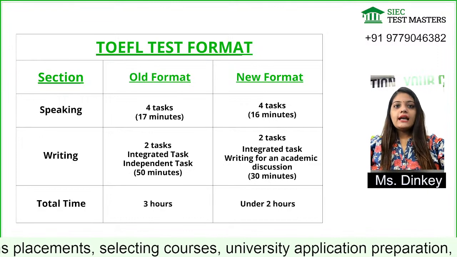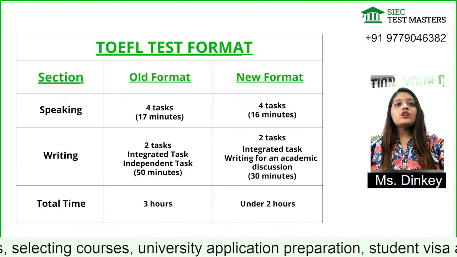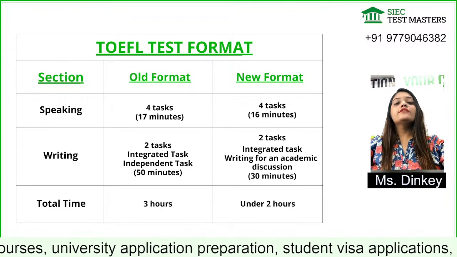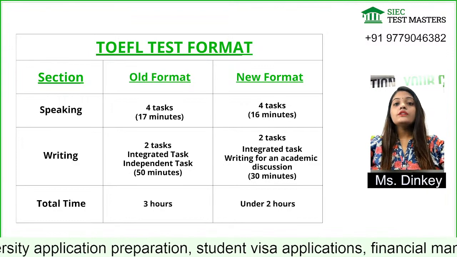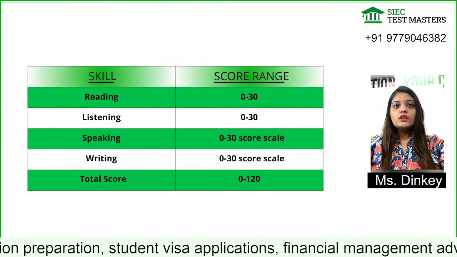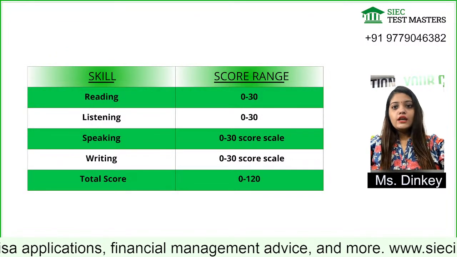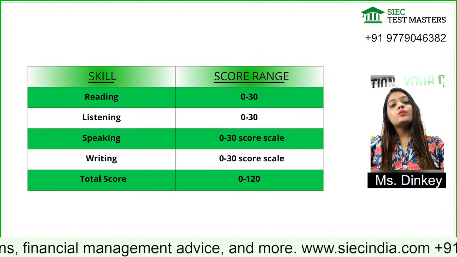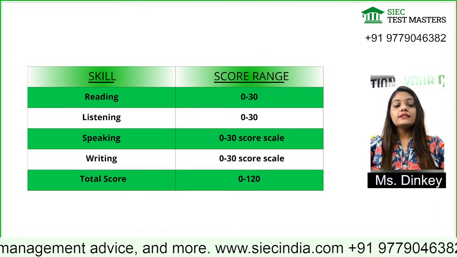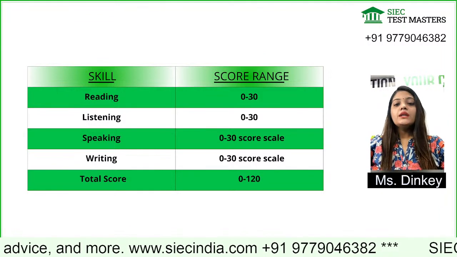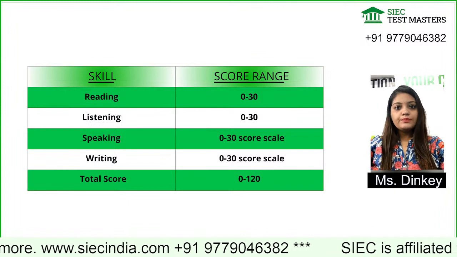So next slide, now we will talk about the different skills and the different score ranges, that is, how different modules are scored. Talking about the first module, reading. In reading, the scores are out of 30. That is, the student gets a minimum of 0 and a maximum of 30.